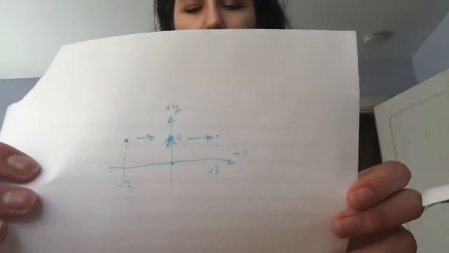So this would be when it crosses the y-axis. So I'll put a little star there. You can see that that's the point we're going to use, because at this point its motion is perpendicular to the radius. So we won't have to deal with any sine thetas.